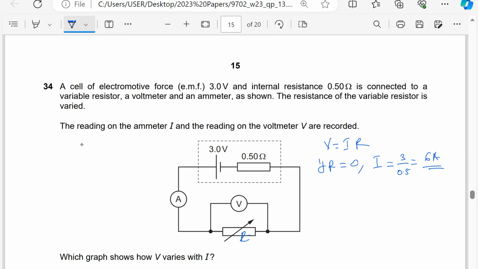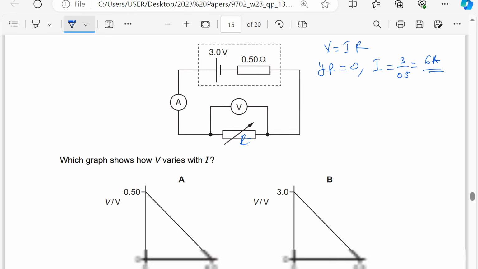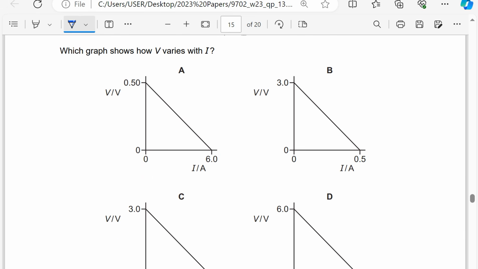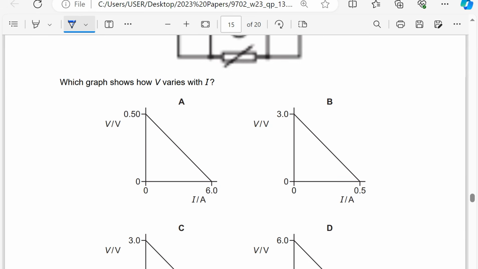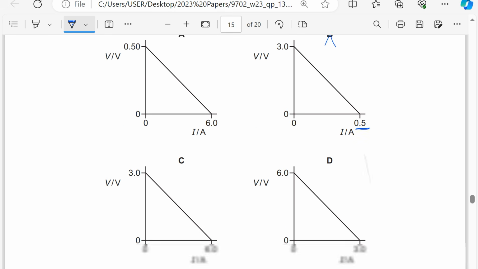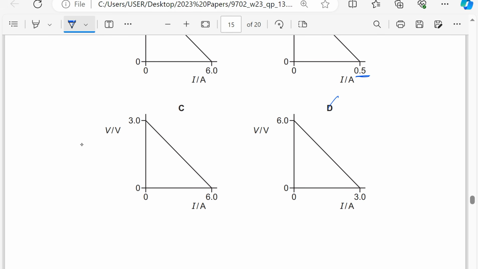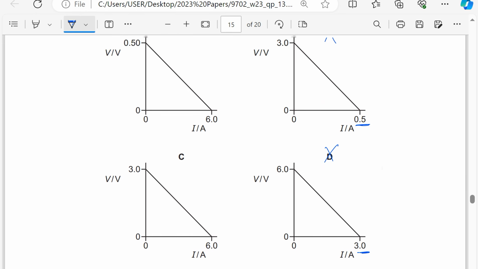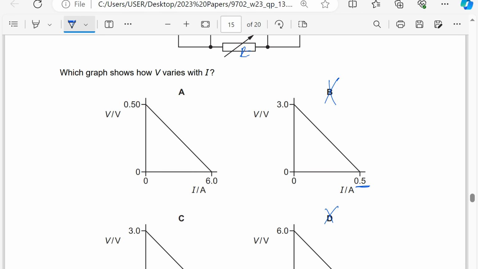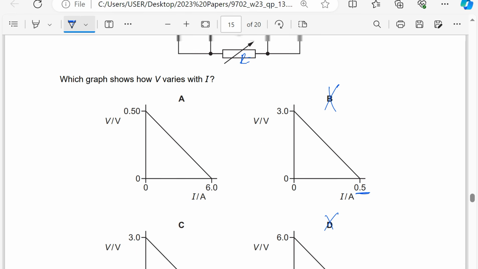When the variable resistor is 0, there's a short circuit, and the maximum current in the circuit is 6 amperes. I ignore B because it's showing the maximum is 0.5. I also ignore D because it's showing that the maximum current is 3. So I have to choose between A and C.